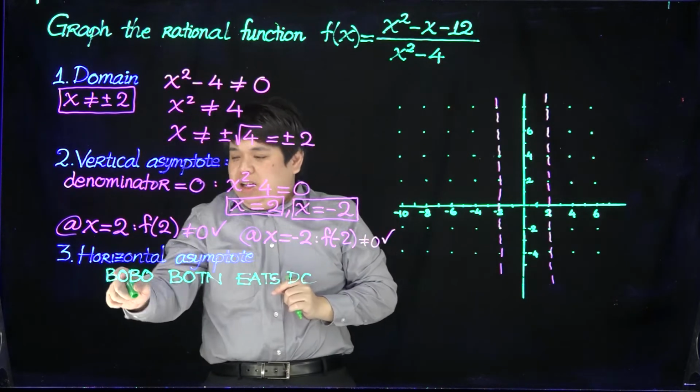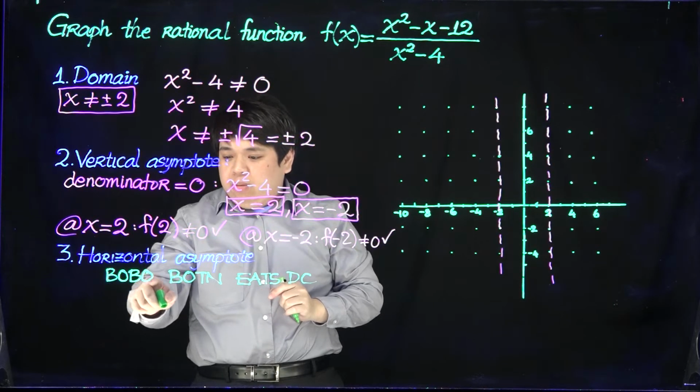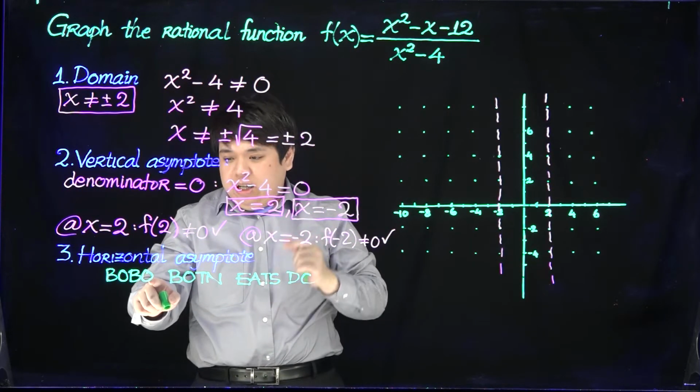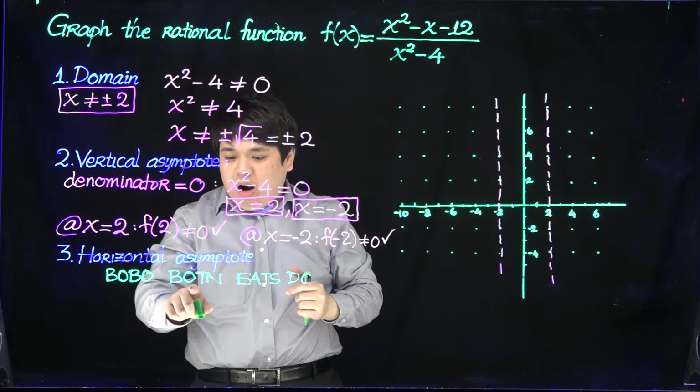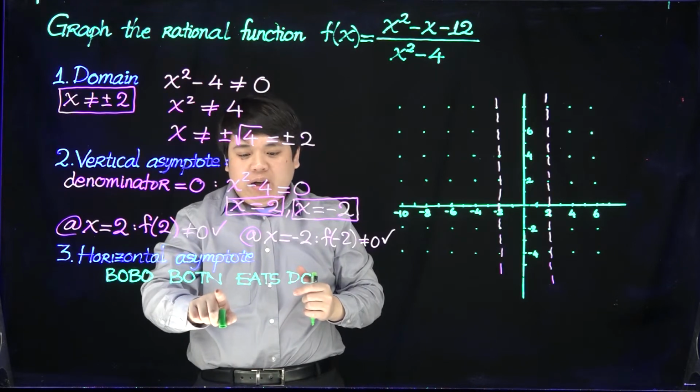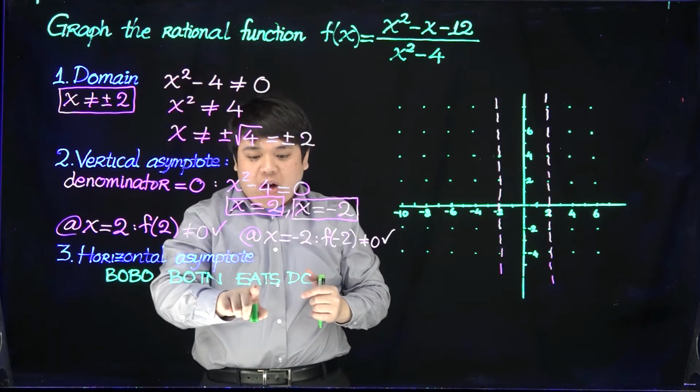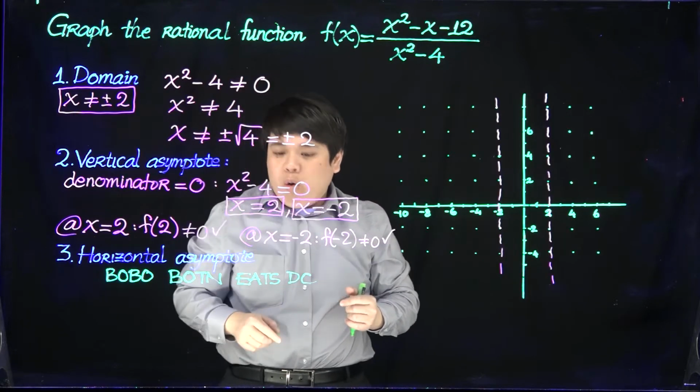So it says bigger on the bottom, y equal to 0 is the horizontal asymptote. Bigger on the top, there will be none. If the exponents are the same, we divide the coefficients.